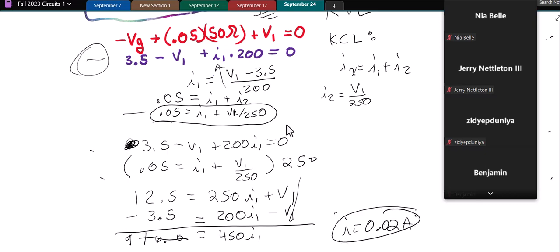So that is I1, and then you can go through and find the other things as well. That was showing that you can do the same problem in multiple ways, but it really is helpful if you don't make mistakes like I make.